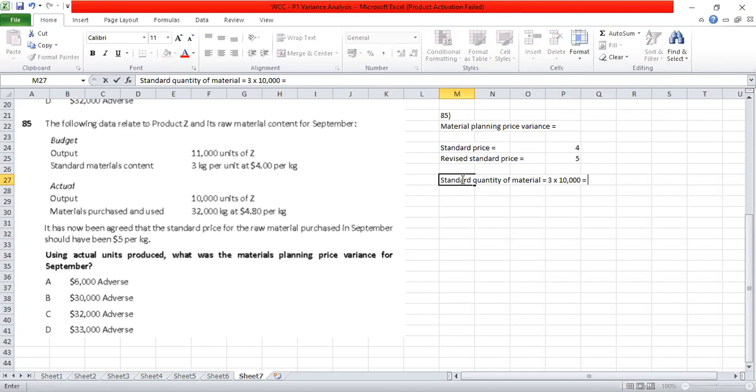That should be 30,000 kgs of material. So find out the planning variance. It should be 30,000 adverse. 4 minus 5 is 1, applied to the total quantity of material which is 30,000.